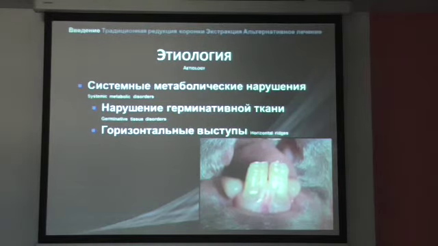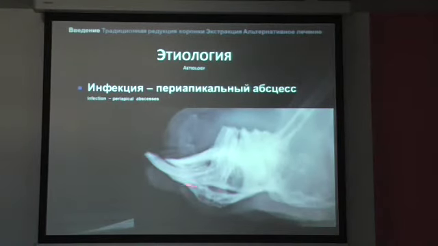However, these pathologies could be associated with any systemic disorder. For sure, periapical abscessation, again here because of improper correction of the incisors.